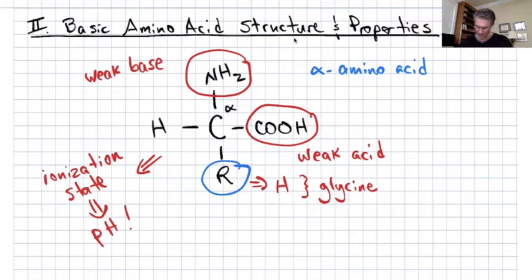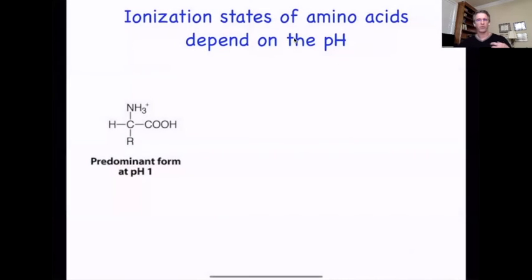This is something, again, that's hopefully mostly review for you guys. So you guys are going to remember that at low pH, say at pH 1, relative to the pKs of those weak acid and base groups, the alpha amino group and the carboxylate group, you kind of hopefully remember about where those are, right? So at low pH, both of those groups are going to be protonated.